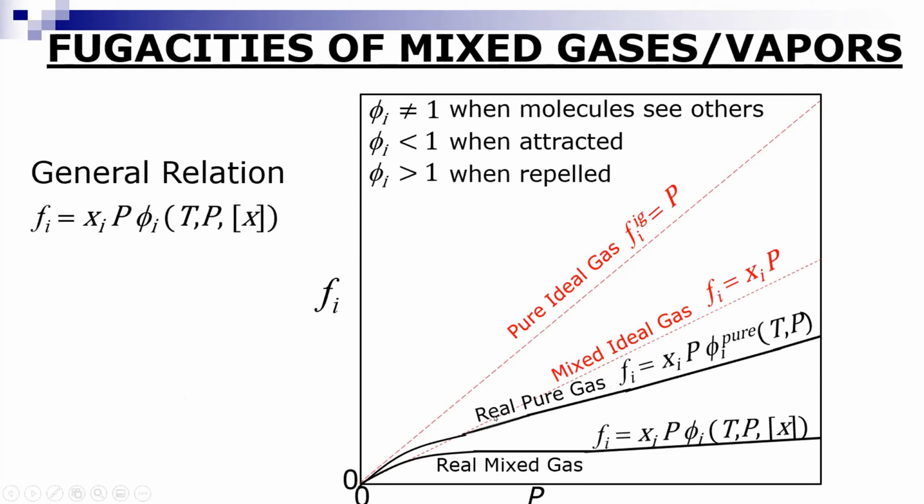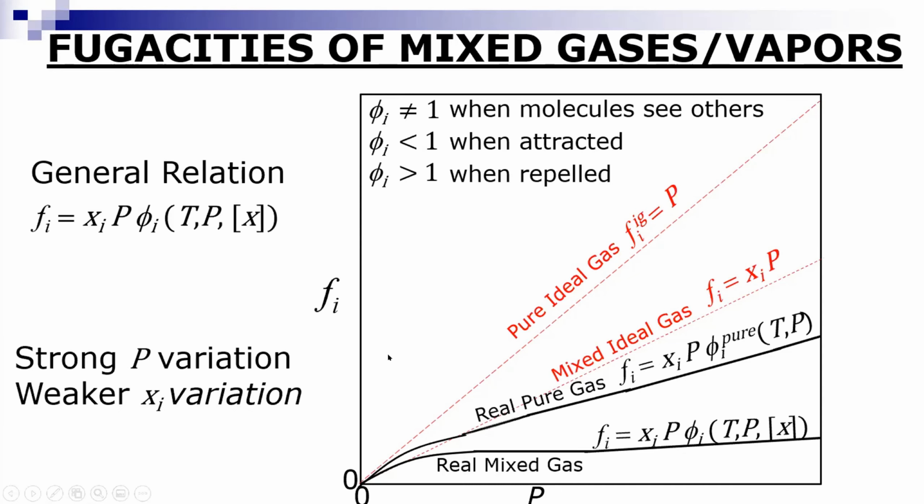Well, okay, here would be the case in which the mixed ideal gas would be less because the mole fraction is less than 1. And the real mixed gas would be down here. Again, it's first reduced by the fugacity coefficient relative to the ideal gas. And it's reduced relative to the pure ideal gas because the mole fraction is less than 1.